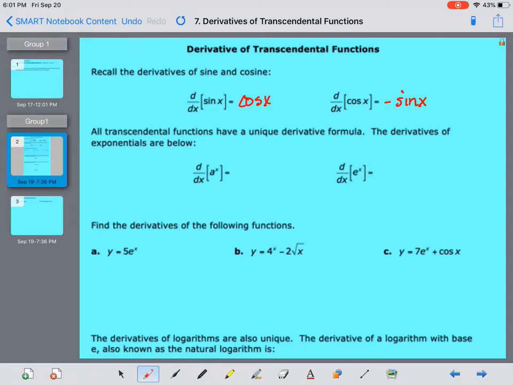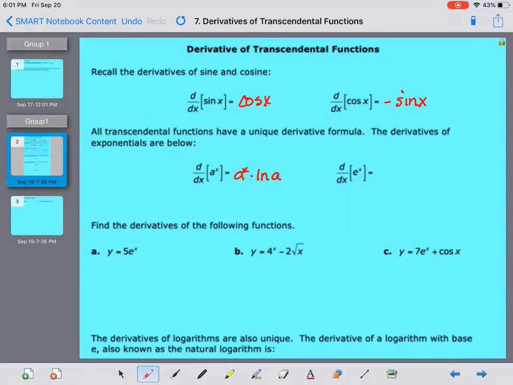The derivative of an exponential winds up being the actual exponential back times the natural log of whatever base our exponential has. We derived and did the proofs for sine and cosine. I'm not going to do the proofs for these, but I will post videos that show the proof if you are interested. We're just going to give the derivative this time.